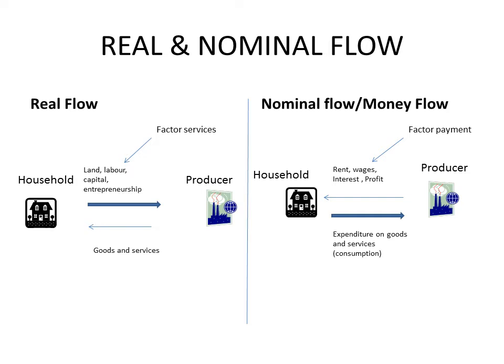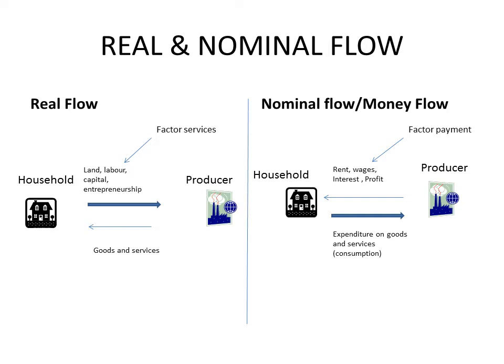So land, labor, capital, entrepreneurship are called factor services, which are provided by the household. Payment made by the producer for these factor services is called factor payment, and this factor payment by the producer is factor income for the household, which is spent by the household sector, and again that money goes back to the producer when the household does the expenditure on goods and services.